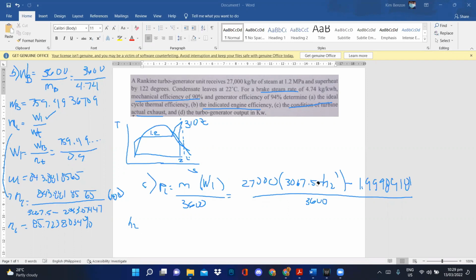Let me check. Okay, so this is wrong. Di pala ito. So hanapin muna natin yung PI kasi wala pala tayong PI. So your PI is equivalent to your mass flow rate over your indicated power. Your indicated work pala is 843. So mali ako ng kopya. So 843 yung indicated power mo. 843, sorry for that.